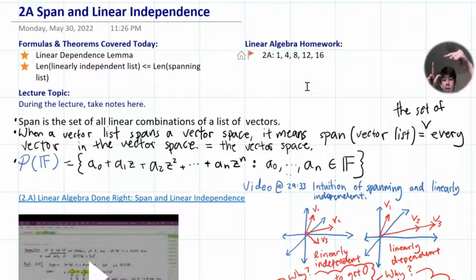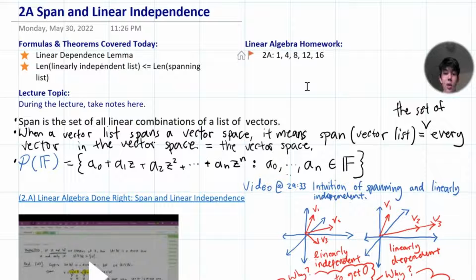The span creates every vector in your vector space, and that is your vector space. Okay, so that's my simple layman's term explanation, which is how I figured things out and learned it. I'm hoping it translates over video.